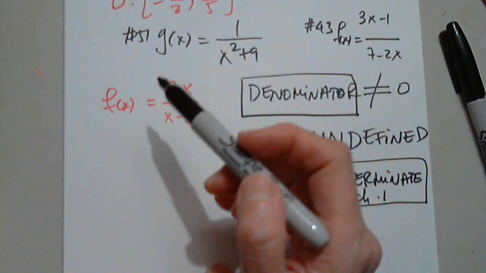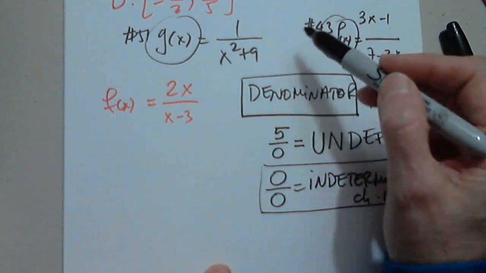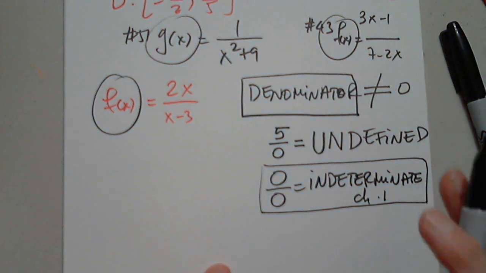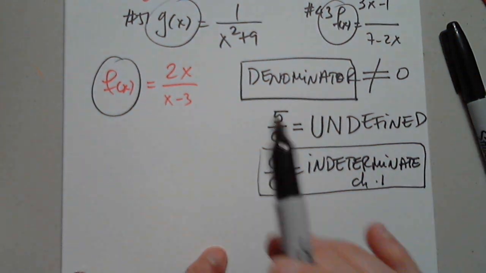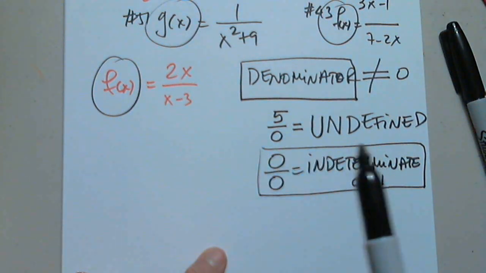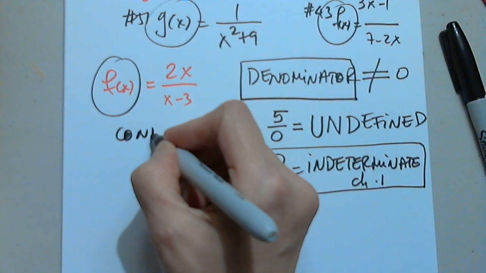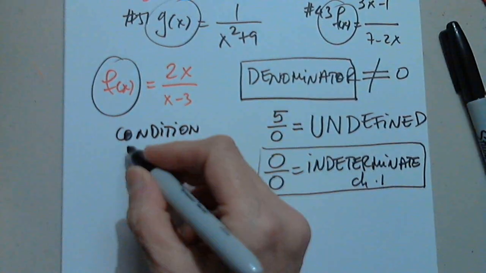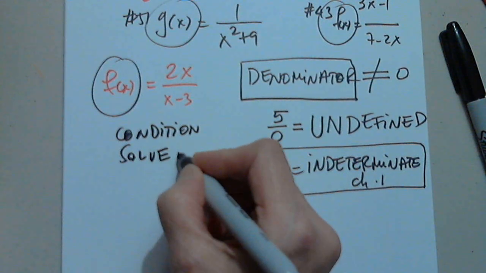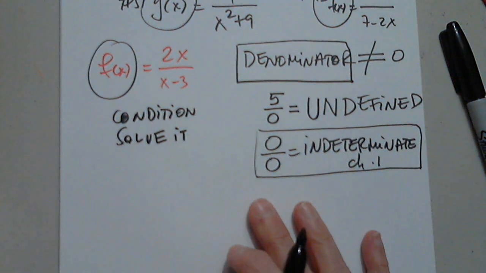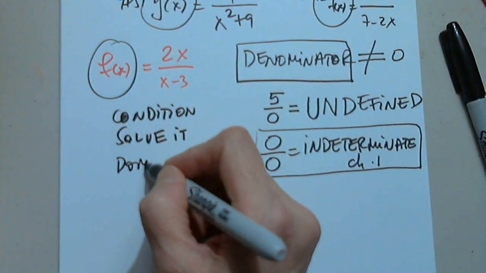So this is the problem with this function, with this function, and with this function, potentially. So let's start with the first one. What condition do I have to write and solve? I have to write a condition, solve it, like we just did with the radical, and find domain.